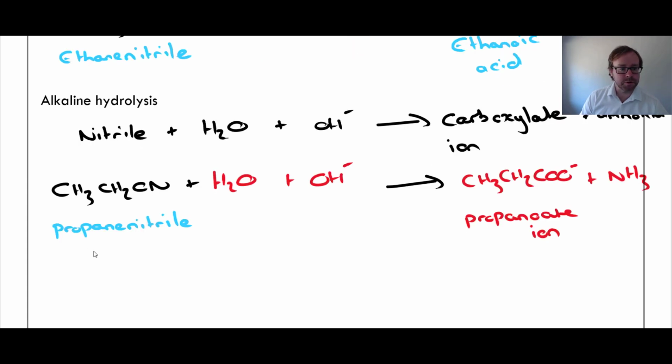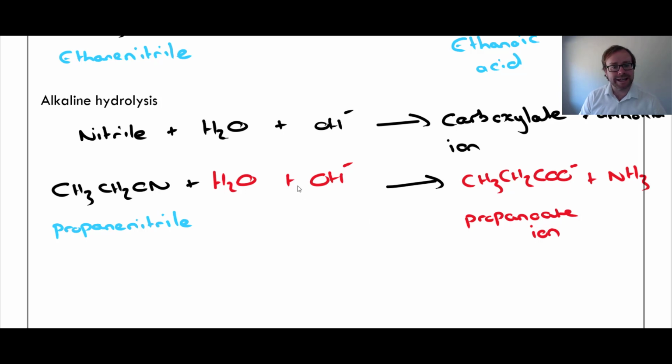Okay, so this was slightly more tricky. So because it's in alkaline conditions, what actually happens is that the carboxylic acid which is created can react with the OH minus, and we get the NH3 produced, so the ammonia. If I was using sodium hydroxide, I would get sodium propanoate produced.